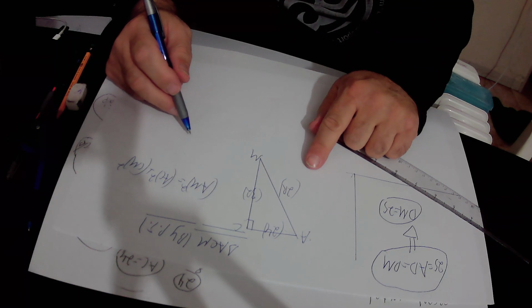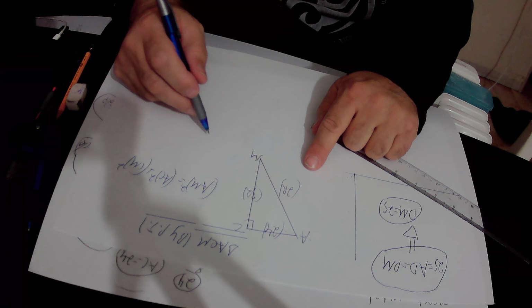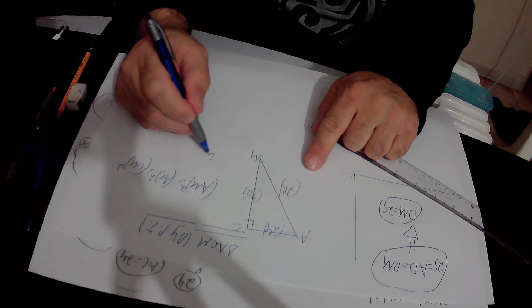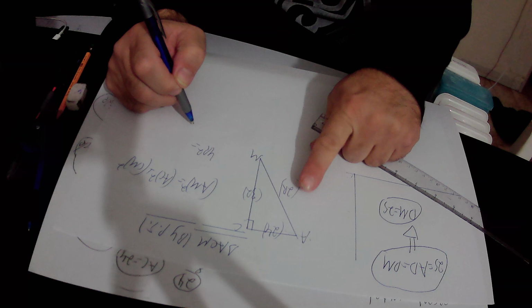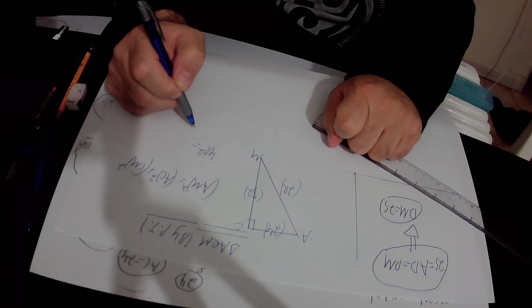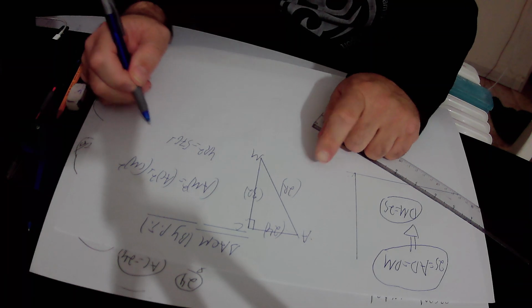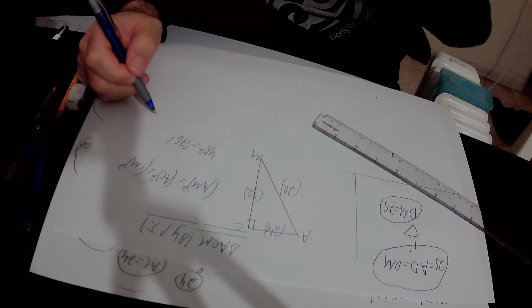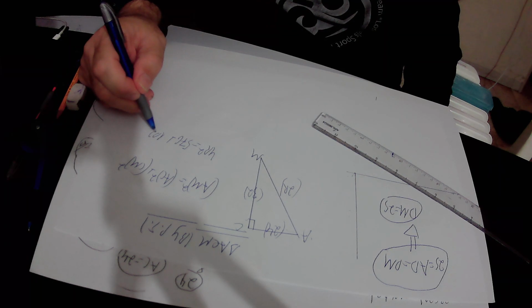AM is 2R, therefore AM squared is 2R squared, which is 4R squared. AC is 24, therefore AC squared is 24 squared, that is 576, plus CM squared. CM is 32, therefore CM squared is 32 squared, that is 1024.